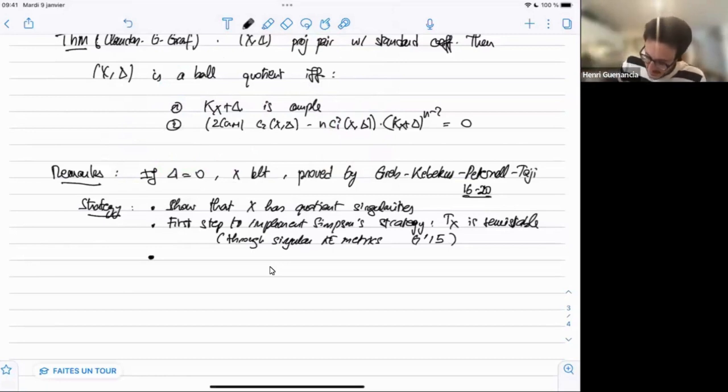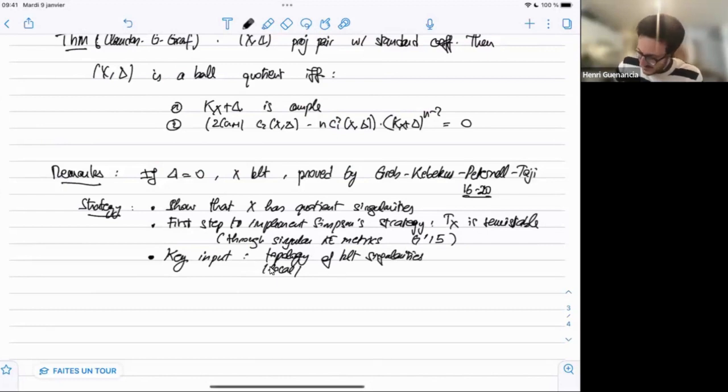And a key input comes from the MMP: the local topology of KLT singularities sort of resembles quotient singularities.